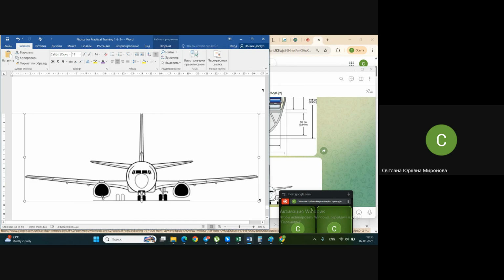Of course, there are some protective devices there, but better to remember the simple rule: the farther from the airfield, the better.